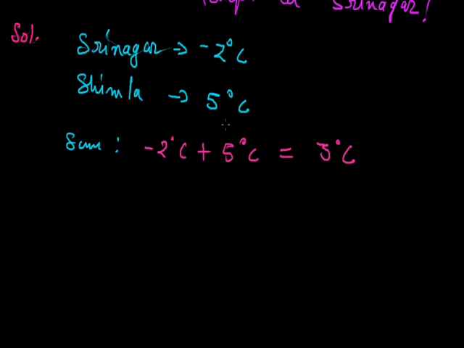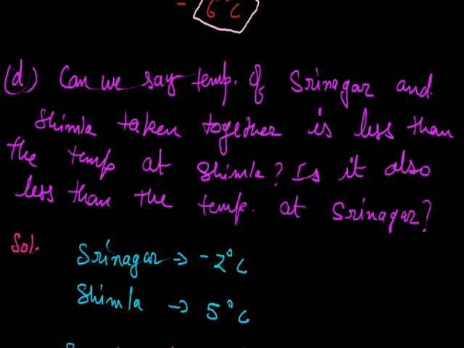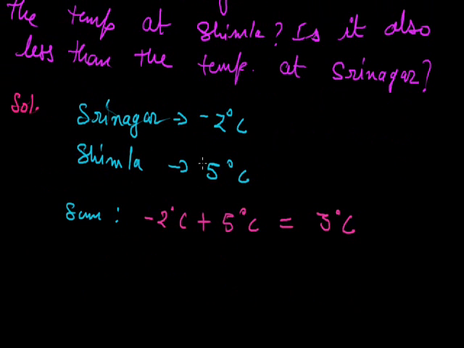Now it is asked in the question, is the temperature together less than the temperature at Shimla. Now what is the temperature at Shimla? The temperature at Shimla is 5 degrees centigrade.